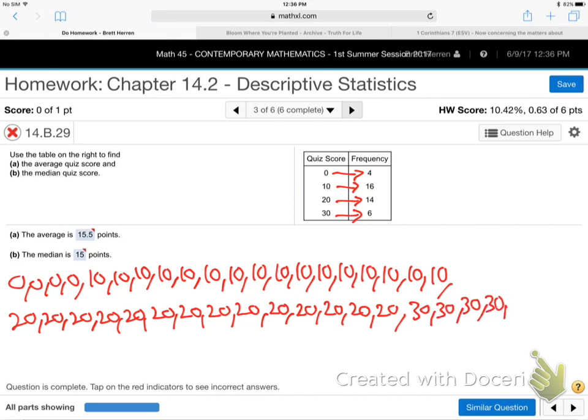Look at all those. Zeros, 10s, 20s, and 30s.